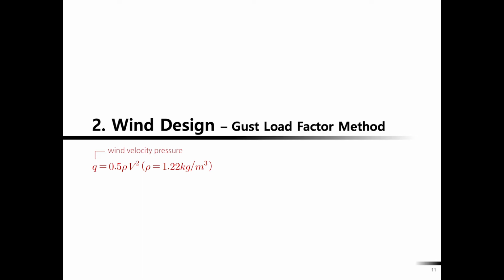Atmospheric air density, 1.22. And then the 0.5 v squared. So the mean wind velocity pressure profile you can also get.